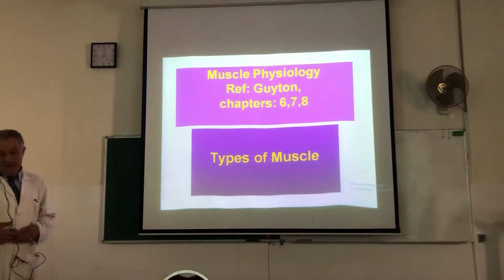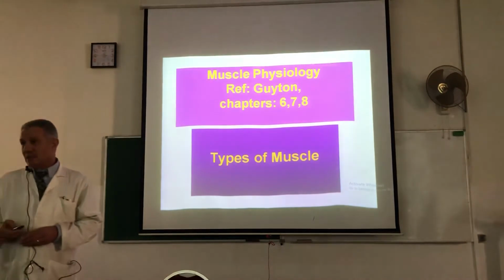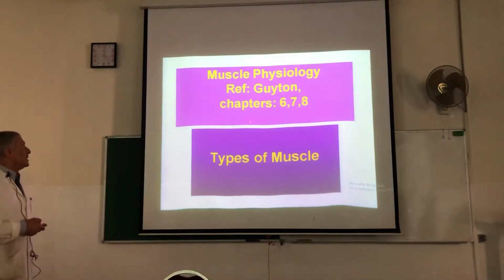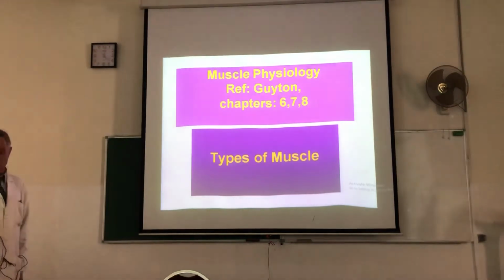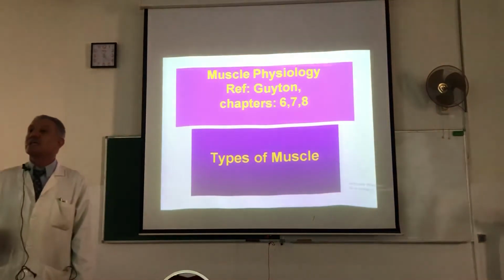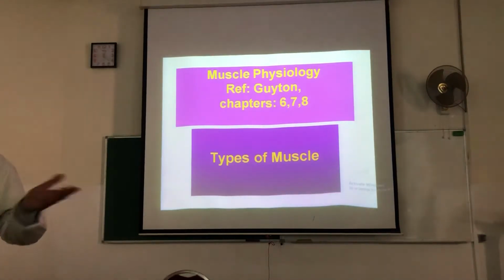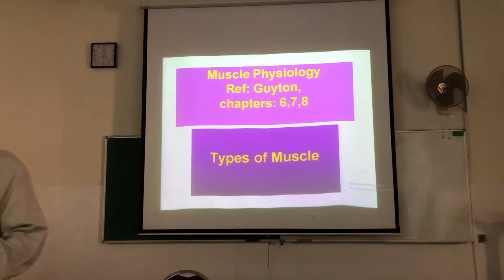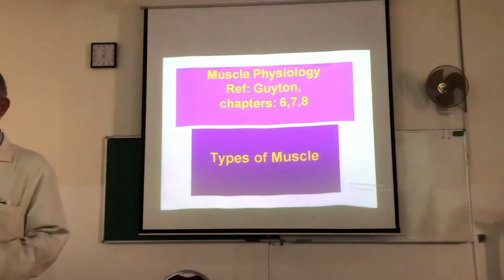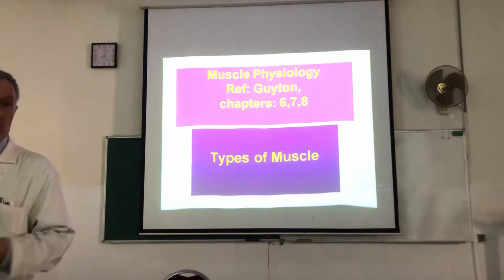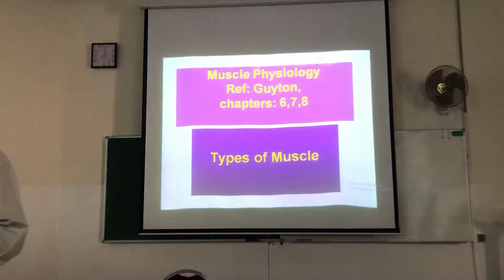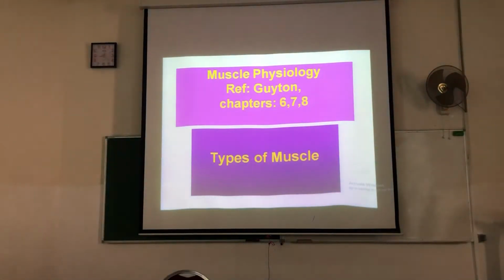So we are starting to talk about muscle. We have three chapters there: chapters 6, 7, and 8. First of all, these chapters talk about types of muscle. I think you know we have smooth muscle cells and striated muscles. We have a lot of differences, even functional differences, between the smooth and the striated.